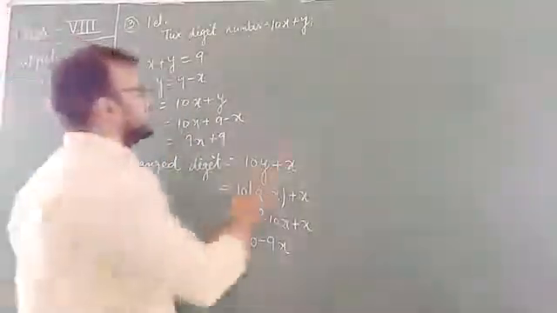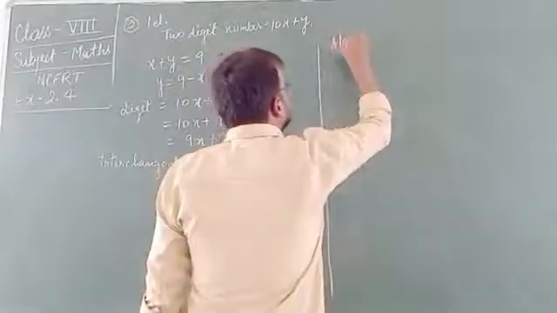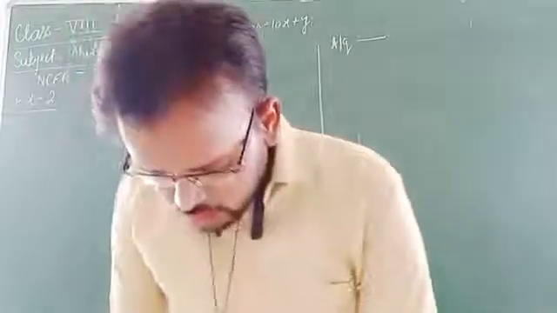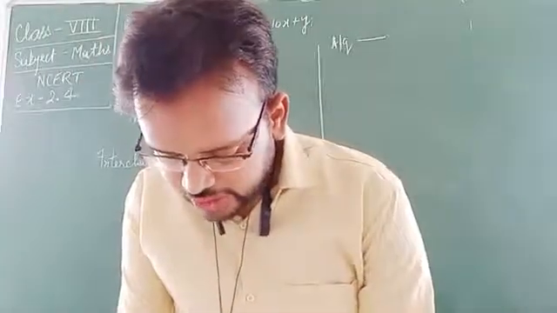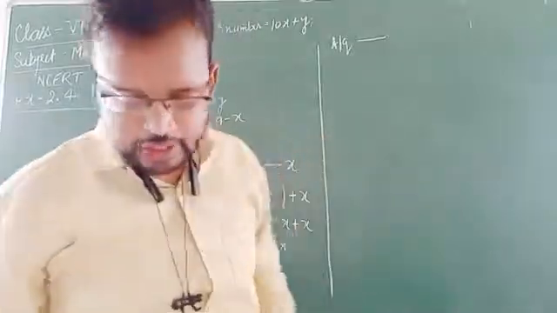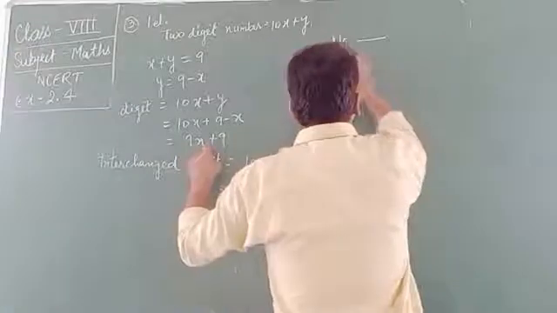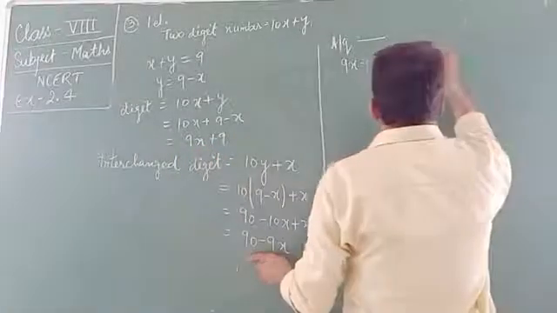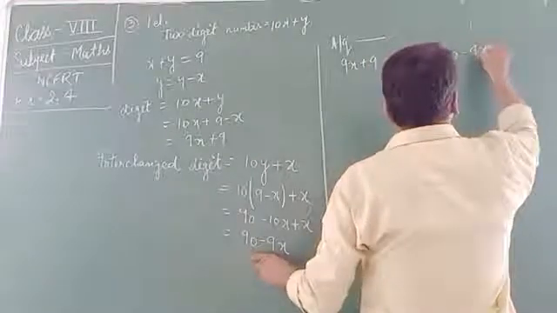Now according to the question, the second statement says that the resulting new number is greater than the original number by 27. What is the original number? That is 9x plus 9, and the interchanged number is 90 minus 9x.